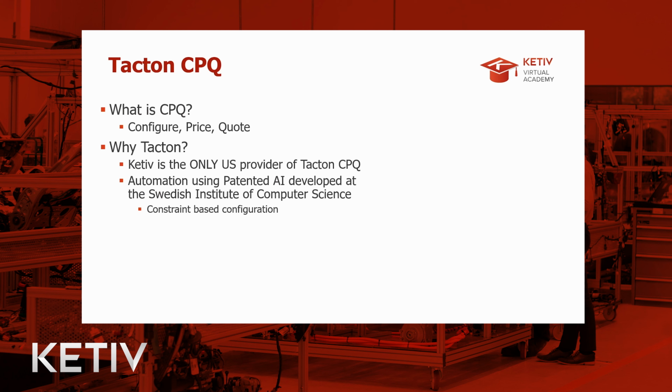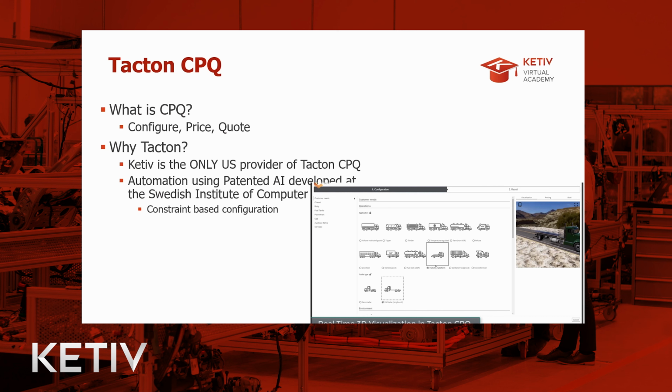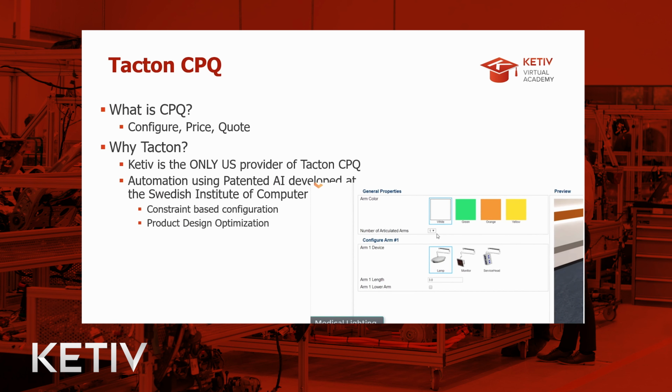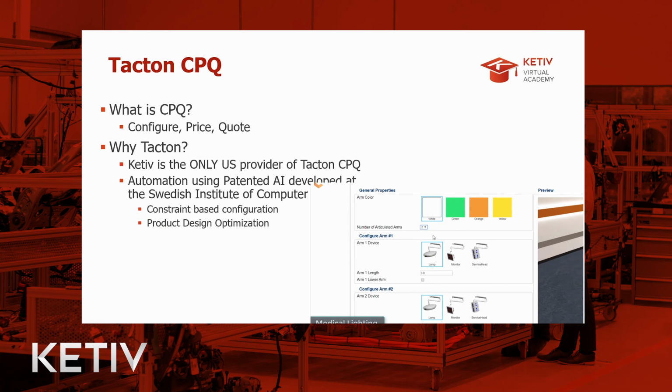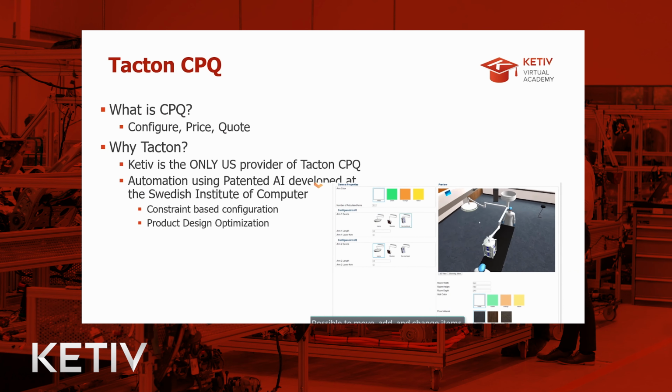Ultimately, this provides constraint-based configuration, which allows for complicated yet quick product solutions and only solutions that are possible to actually construct. It also provides product design optimization. This is things like if you want to optimize for the most efficient product versus the most affordable product, things like that.